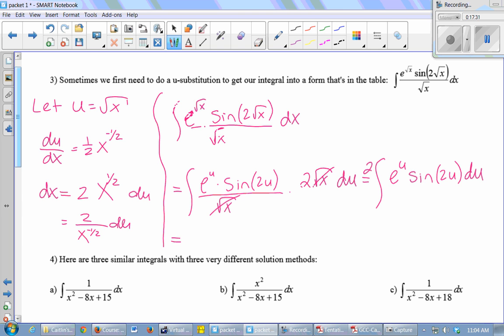So what is a in my problem? 1. And what is b? 2. A is the coefficient on the exponent with the e, and b is the coefficient on the input of sine. Then I plug these in, and it says I have 1 over a squared plus b squared. So 1 squared plus 2 squared is 5. Oh, I still need the 2.